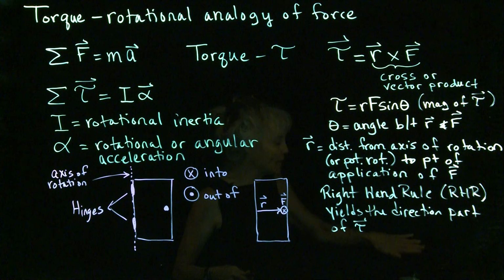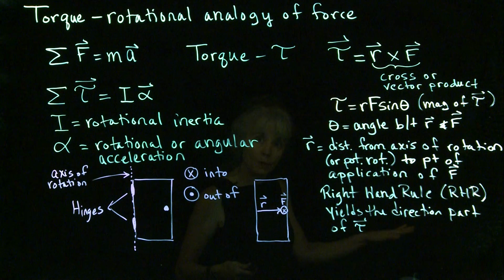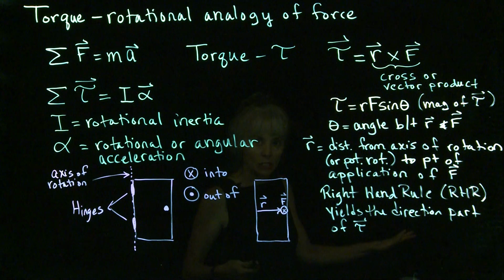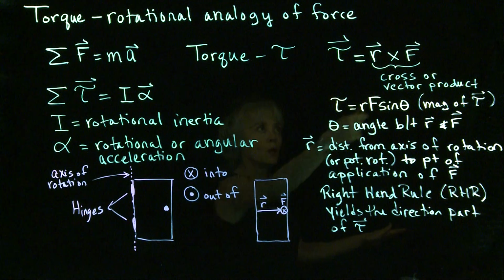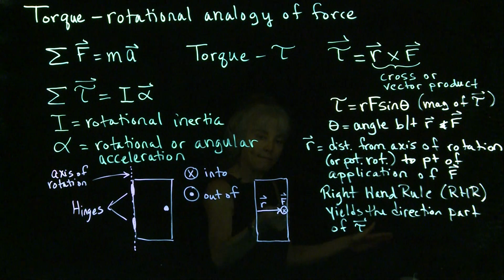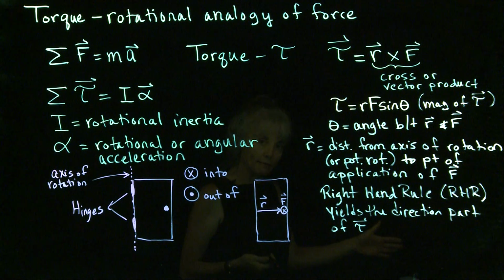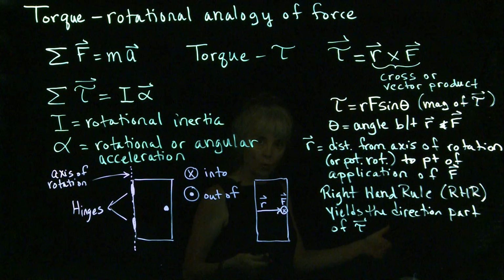Now I want to rotate my right hand, keeping it pointing to the right, until I can flip my fingers into the direction of the second vector. So your fingers only bend in one direction. So the second vector is F. F is into the board. The only way I can flip my fingers into the board is if I have my palm facing toward the board.